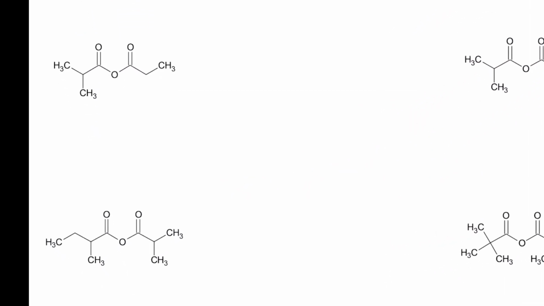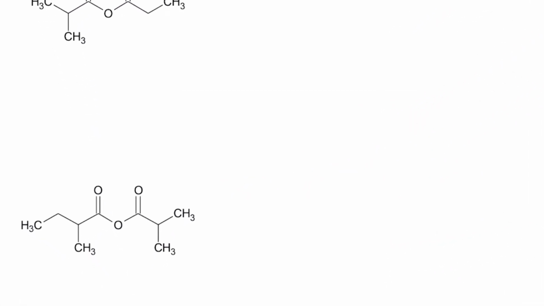Another example with an asymmetric anhydride. So if I split down the middle here, 1, 2, 3 carbons. So I have a propane with a methyl group on it. 1, 2, 3, 4. This is a butane with a methyl group on it. So alphabetically, butanoic comes before propanoic.